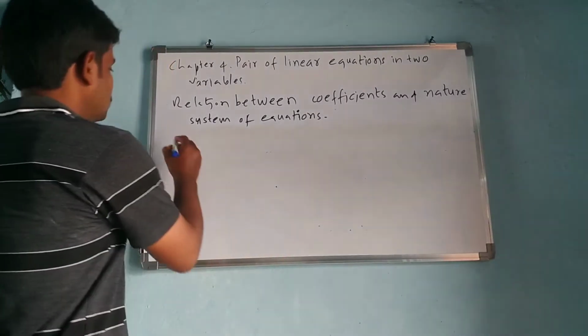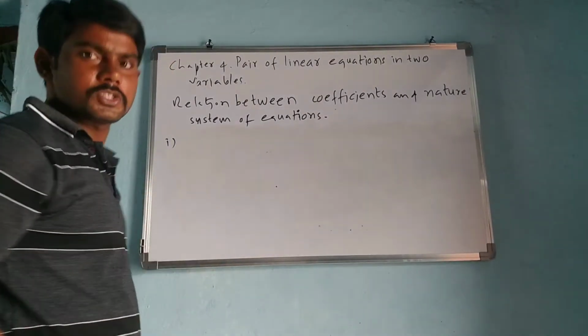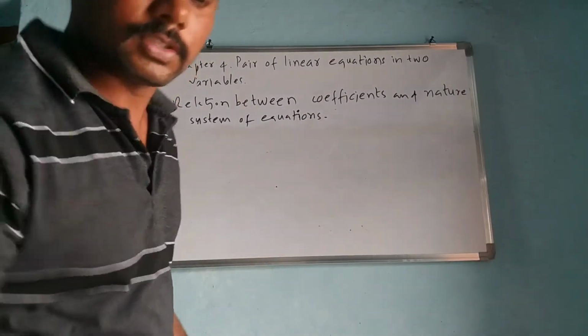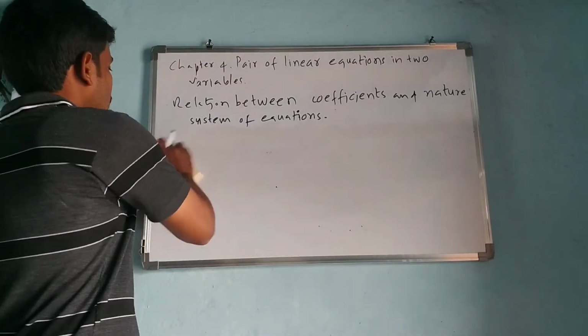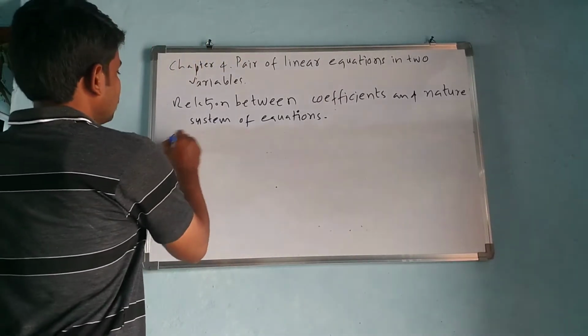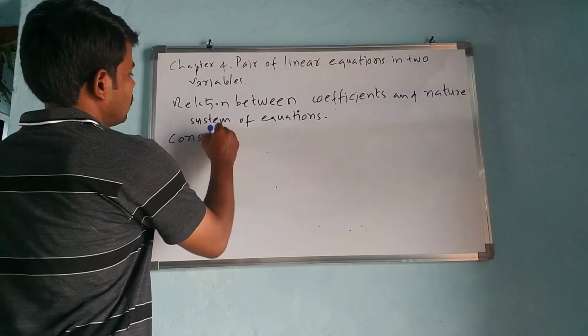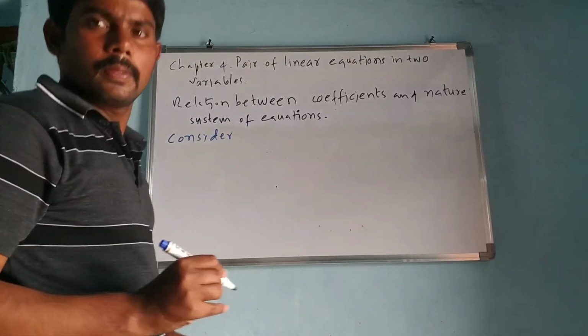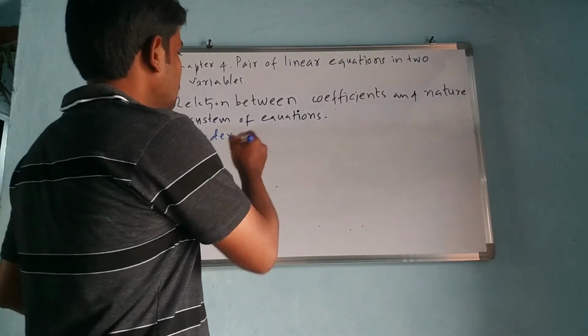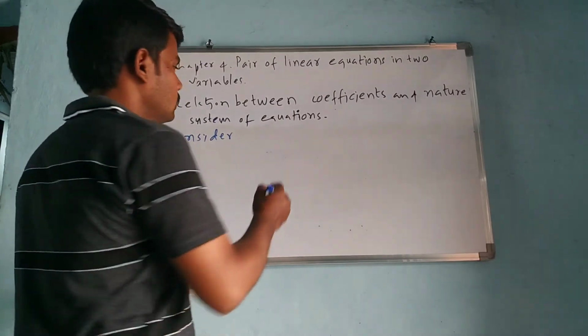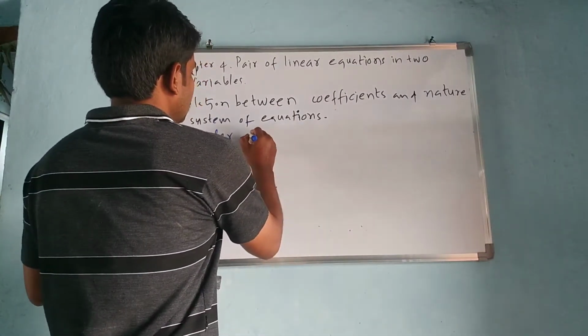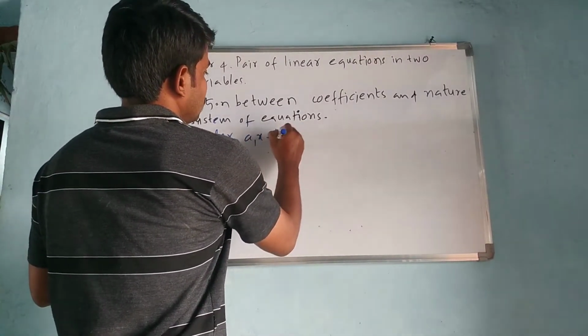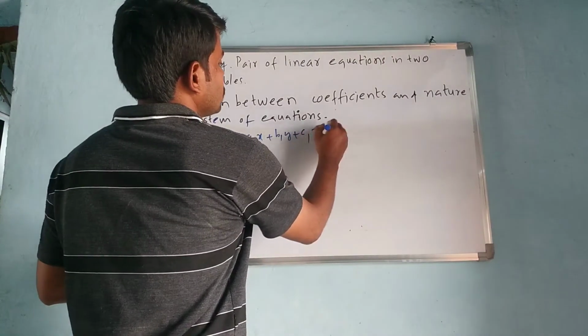So first of all, consider a system of linear equations in two variables, that is a1x plus b1y plus c1 is equal to 0.